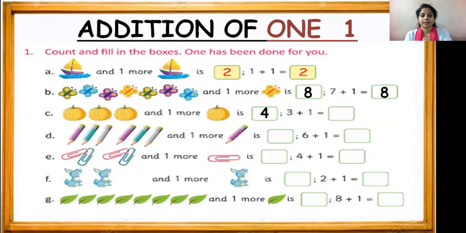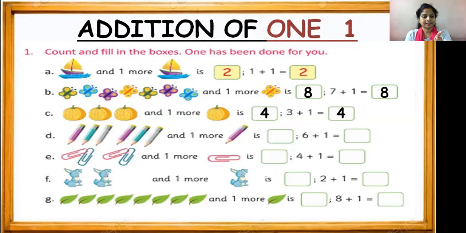So 3 pumpkins and 1 more pumpkin is 4. And how you will write in mathematics with the help of numbers? Yes, 3 plus 1 equals to 4. Got my point? 1 more means the next number. Keep it in your mind.